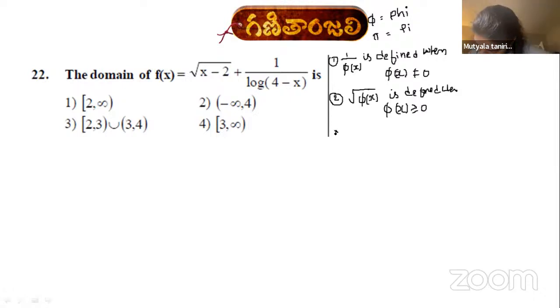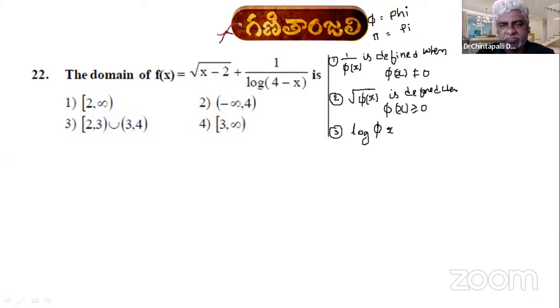Third point, log of phi of x. Why we choose a function phi of x is because in our function f of x is used. So to differentiate, let us use a different name for the function.